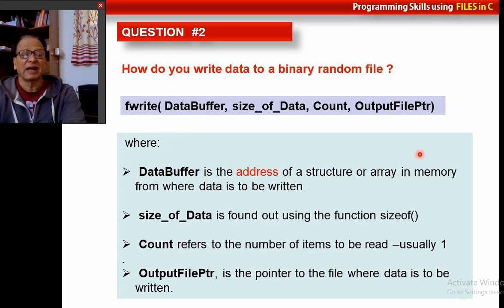In other words, in the case of an array, it is just the array name. For the size of the data, use the function sizeof, we have used it already. So sizeof employee or student, the data type. Count refers to the number of items written. Usually it is 1. This is the count here, 1. And the output file pointer is the file pointer to which I am going to write the data.